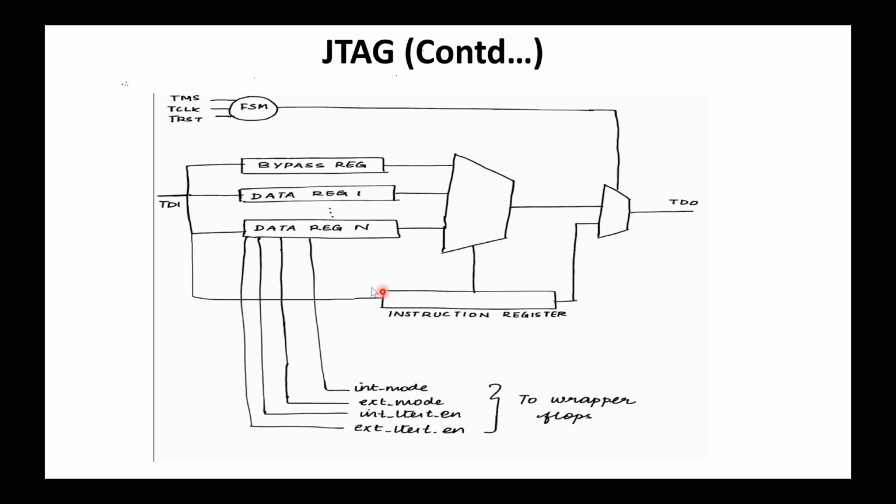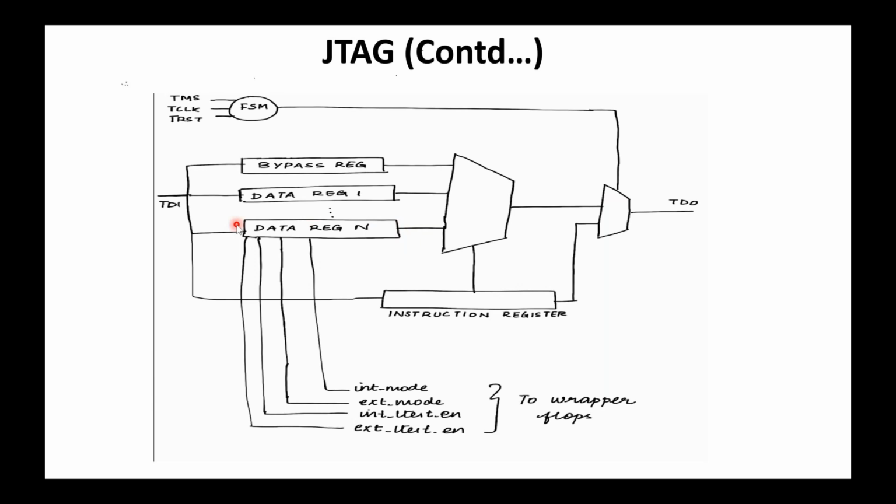First, based on a particular application, like based on what we need to do currently, we will be loading the instruction into the instruction register. The output of the instruction register will be going as a select line for this mux. So based on that, one particular data register will get selected.